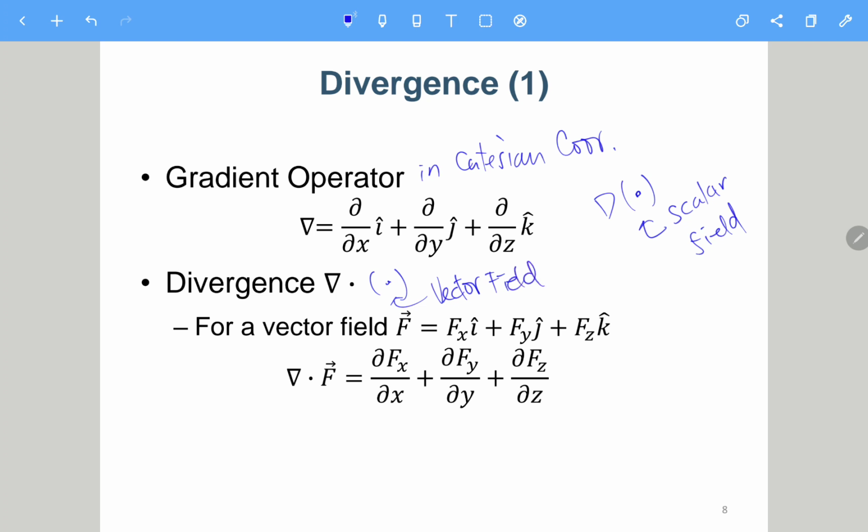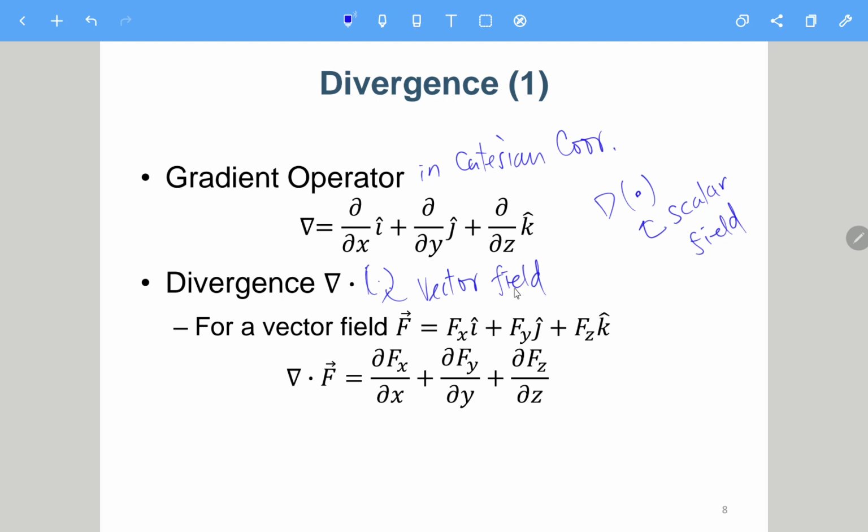As I mentioned in the previous slide, we will apply this on the E field or the B field, or of course any other vector field. But yeah, E field and B field are two of the possible vector fields. Okay, so this is the divergence. Vector field.